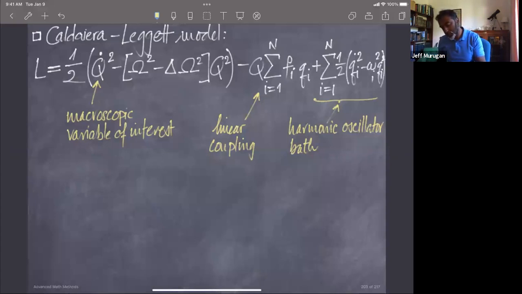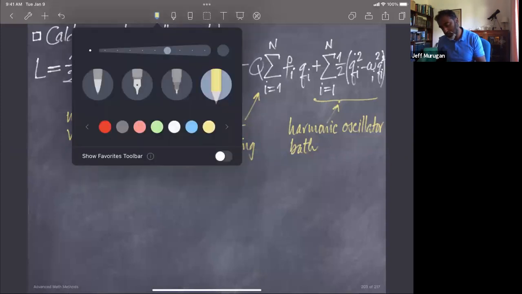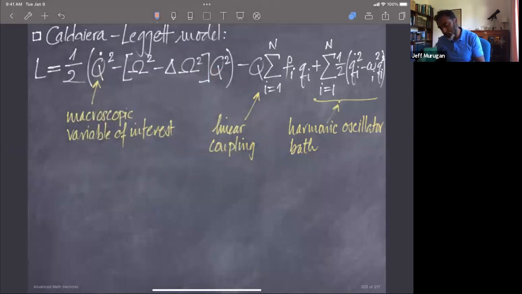So the question that we would ask here is, what is this term here? So where does this come from? Well, the point here is that when I couple the capital Q to the little q bath, there's an overall frequency shift.